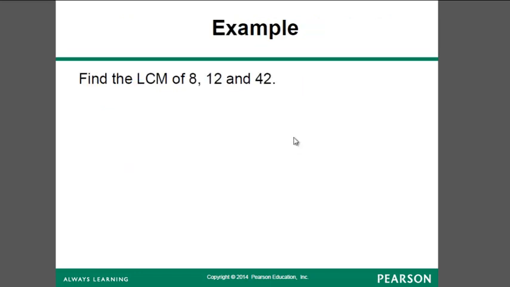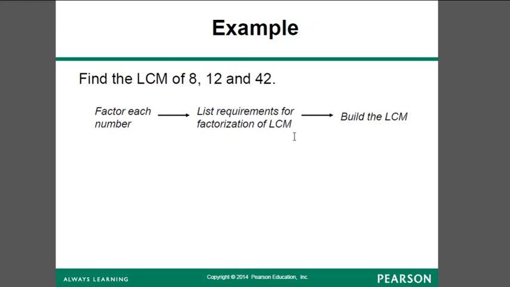I want to find the least common multiple of 8, 12, and 42. First, I want to factor each number. Then I'll list the requirements for factorization of the LCM, and then I'll build the LCM. Well, here are the first two, 8 and 12, factored out.